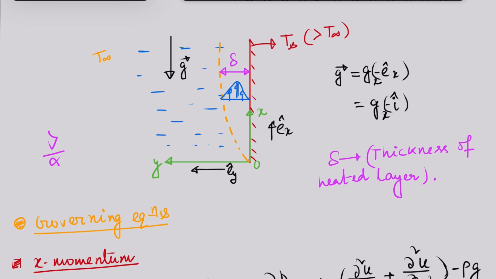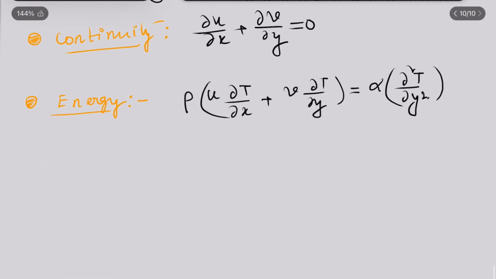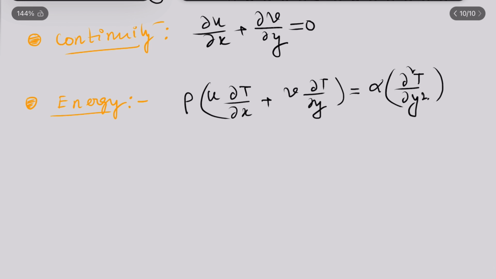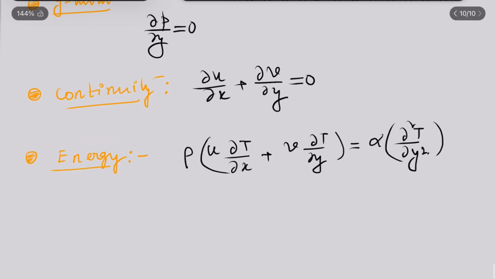For some cases, the thickness along which the velocity variation occurs will coincide with the thickness along which the temperature variation occurs. But for a particular case of Prandtl number, you will see that the velocity variation can go beyond the thickness where the temperature variation is important. Okay, and that can be perceived from physical reasoning also, which I will show you.